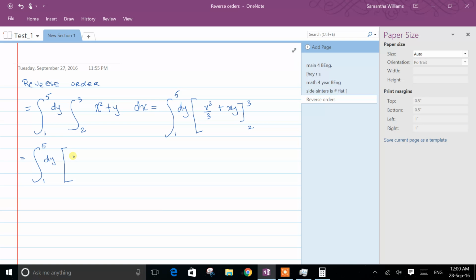So it's 3 cubed over 3 plus 3y, all to be minus 2 cubed over 3 plus 2y. Sorry, those were the limits that we just plugged in, so let's just erase that.